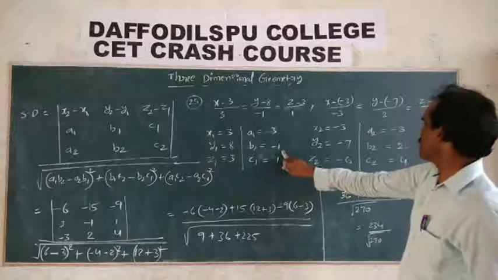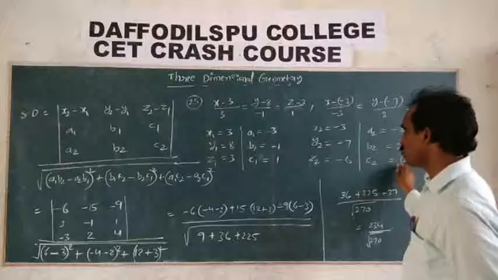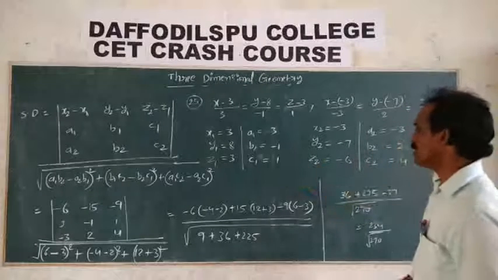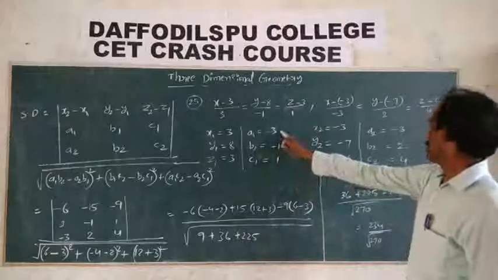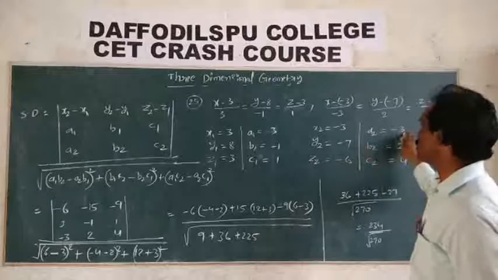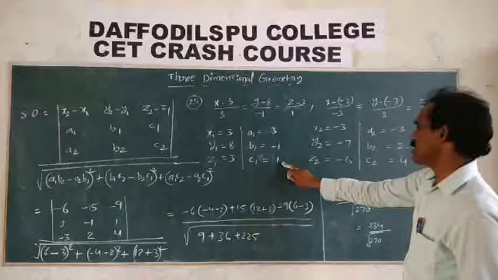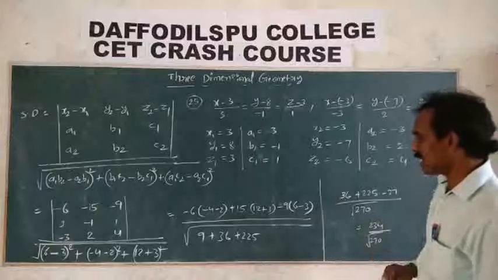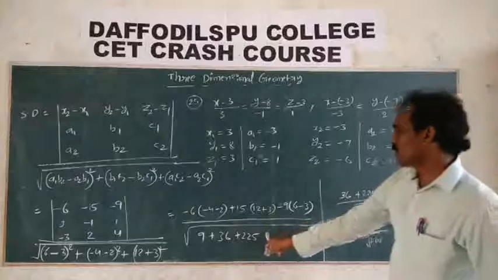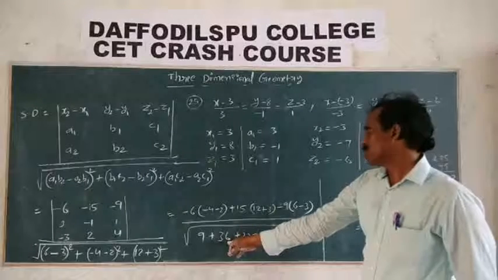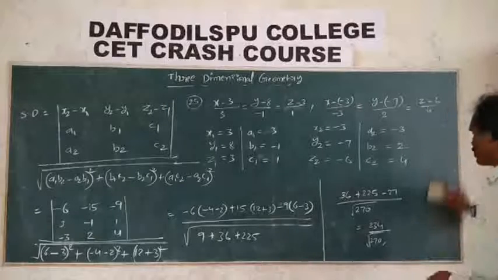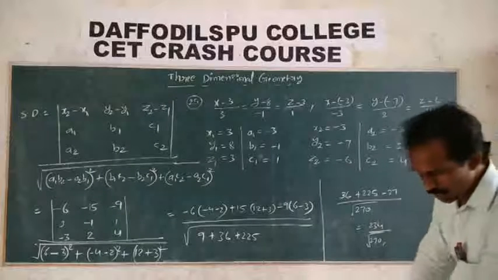Next B1 C2, minus 1 into 4, minus 4, and B2 C1, 2. Next A1 C2, 4 is 12, minus A2, minus 3, C1, minus 3, so plus 3, correct. 6 minus 3, 9, 36, 225, 234, 240, 270, correct. Okay, so the options are in terms of only the numerator, not the denominator.